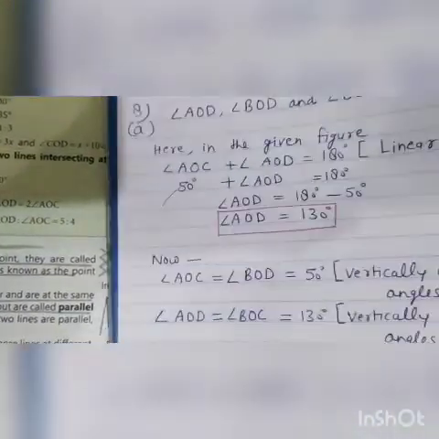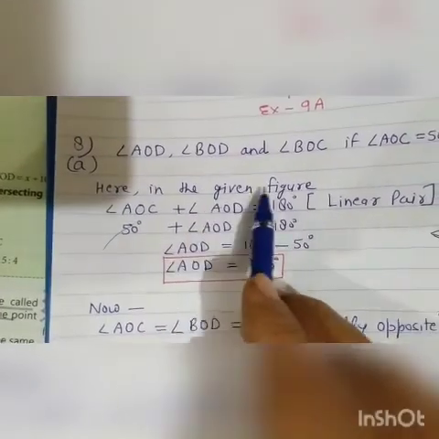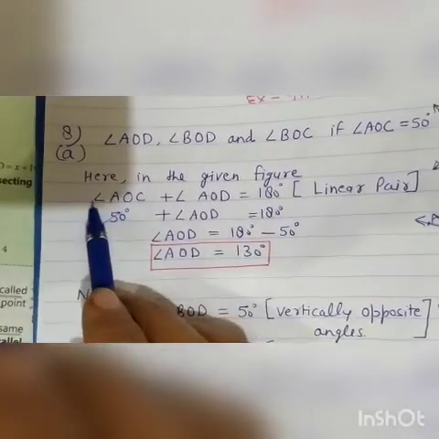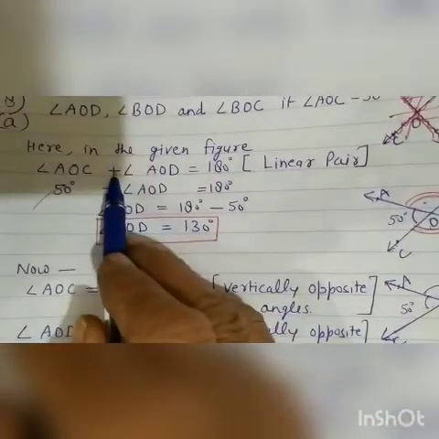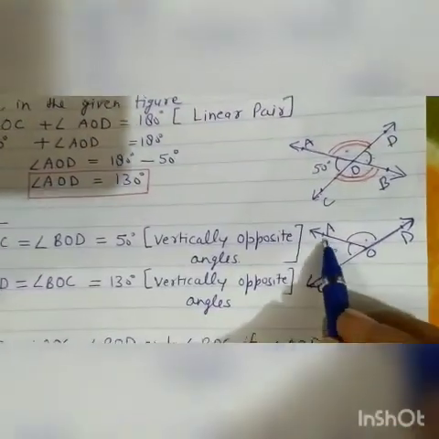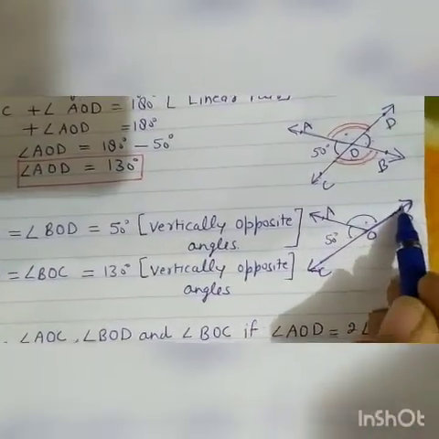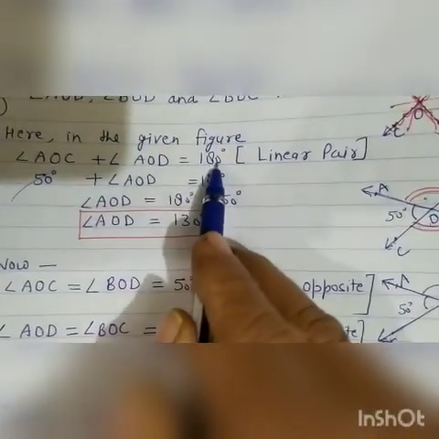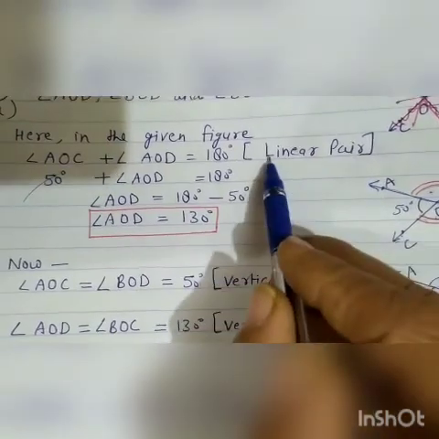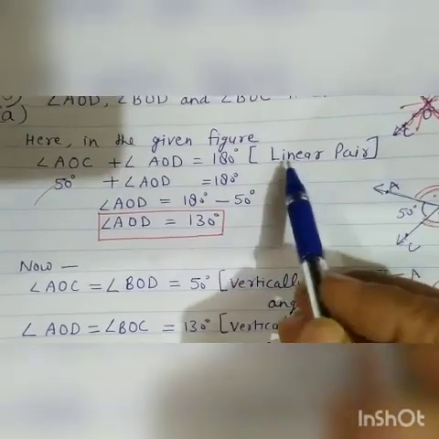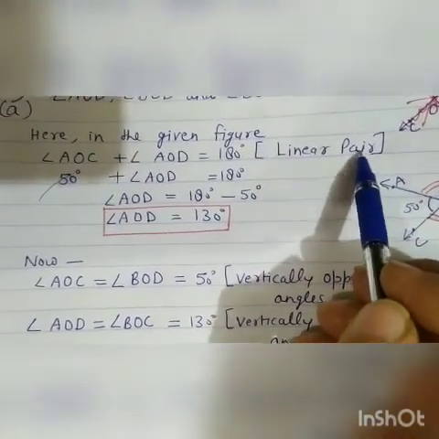So how will we solve? Here in the given figure, angle AOC plus angle AOD is equal to 180 degree. Why? This is a linear pair. Linear means straight, pair means two. Linear pair.